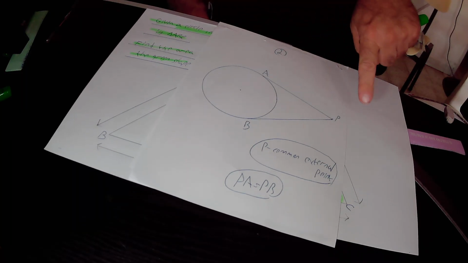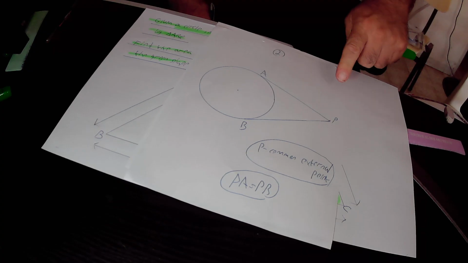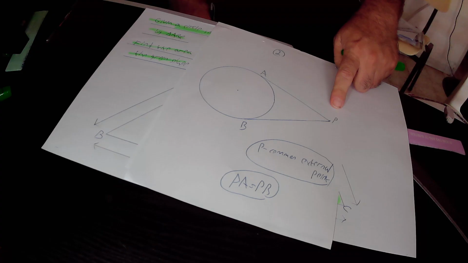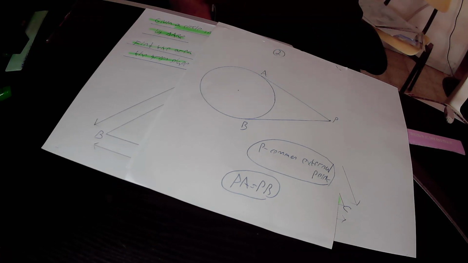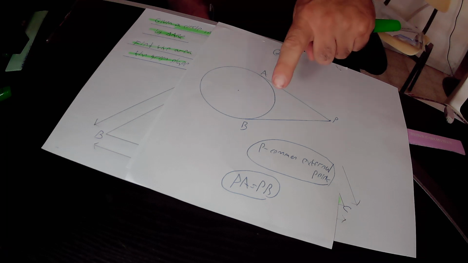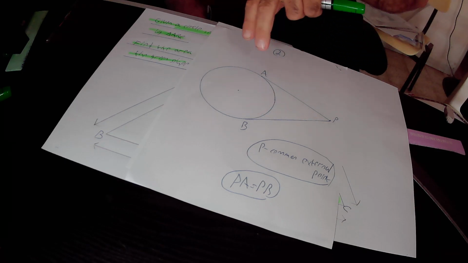In the drawing, we have a circle. Point P is the common start point in relation to the circle. From the common start point, point P, we have two tangents to this circle, tangent PA and tangent PB. And according to this rule 2, they are equal to each other. That is to say, PA equals PB.